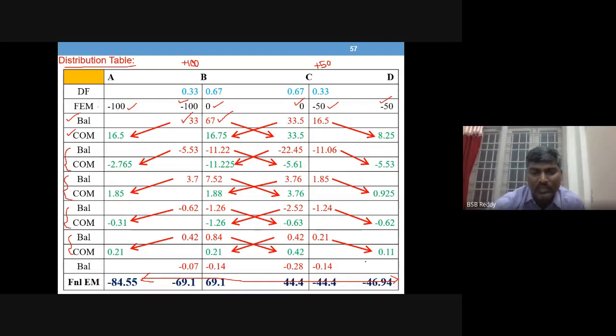How? By a correction factor. You know how much sway force is required to stop the sway. If you are able to produce the same sway force, then you get the correct sway moments. So let us see that.